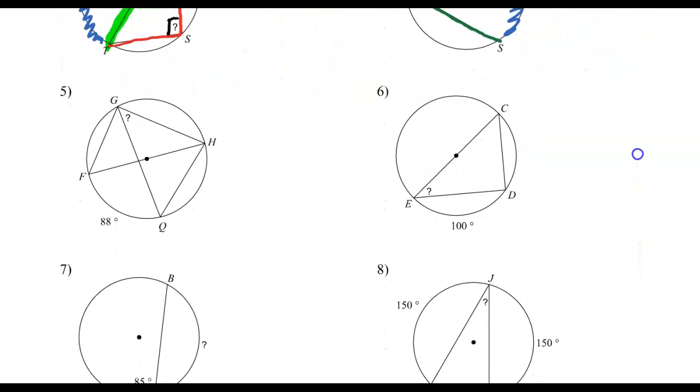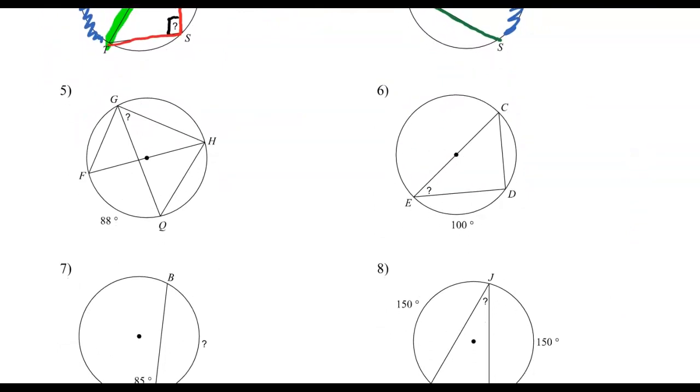If you look at problem number 5, there are some extra lines in this picture. So I'm going to trace the angle that I want. And that red angle intercepts this blue arc. And notice this yellow arc is half of a circle.